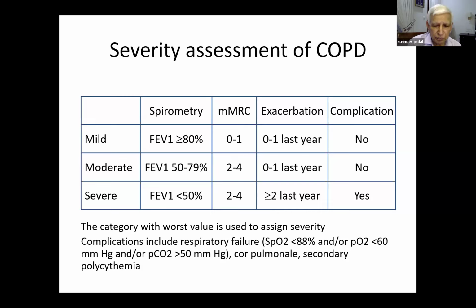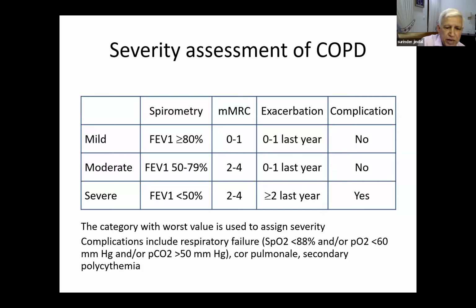The dyspnea is also severe here, 2 to 4 grade mMRC. And there are more exacerbations, generally more than 2 per year, you see. And if there are complications. And it is normally said that the category with the worst value is used to assign severity. That is important for the patient's treatment.